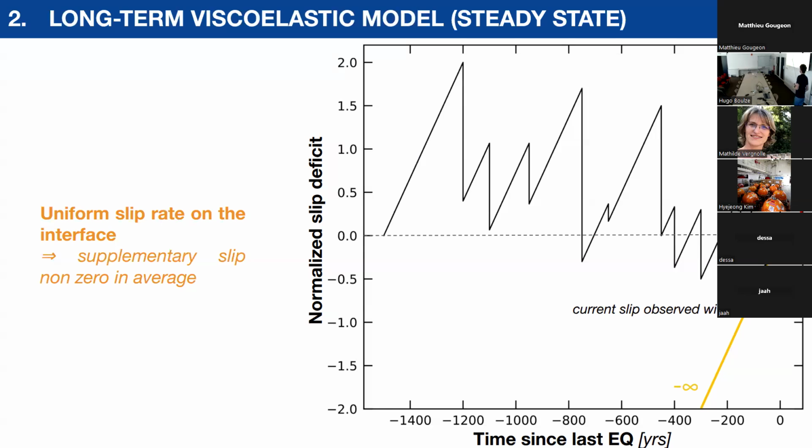The other way that is very used by the community, when it comes this time to viscoelastic models, not elastic, is what we call the long-term viscoelastic model or steady state. They assume that you have a uniform slip rate on the interface. So your interface is slipping since 10,000 years ago, something like that. The problem with this hypothesis is that your supplementary slip is non-zero on average.